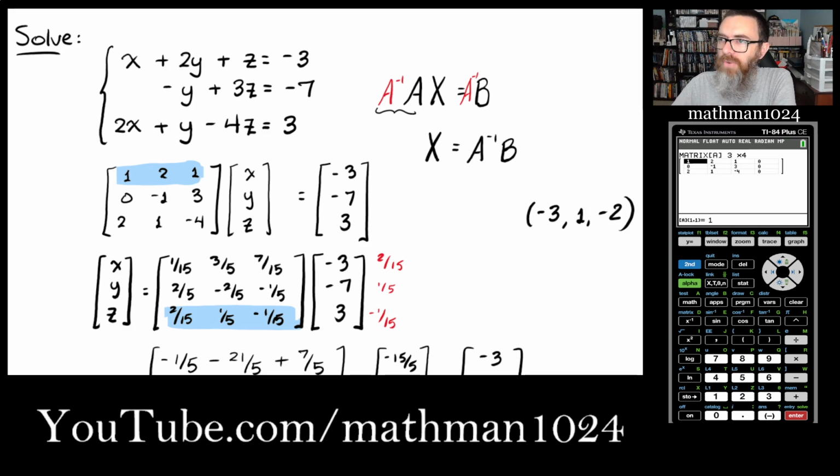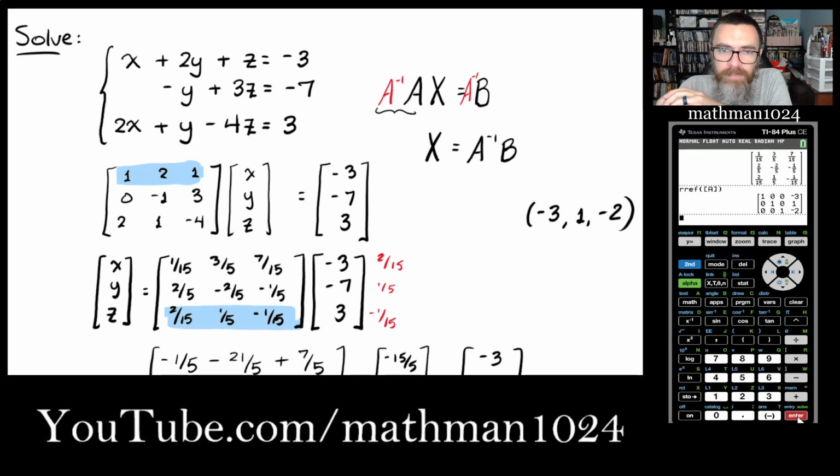We just have to get over here to the constant. So we said this is negative 3, negative 7, and 3. And now we can go and do our matrix math, reduced row echelon form of matrix A, and we have negative 3, 1, negative 2.